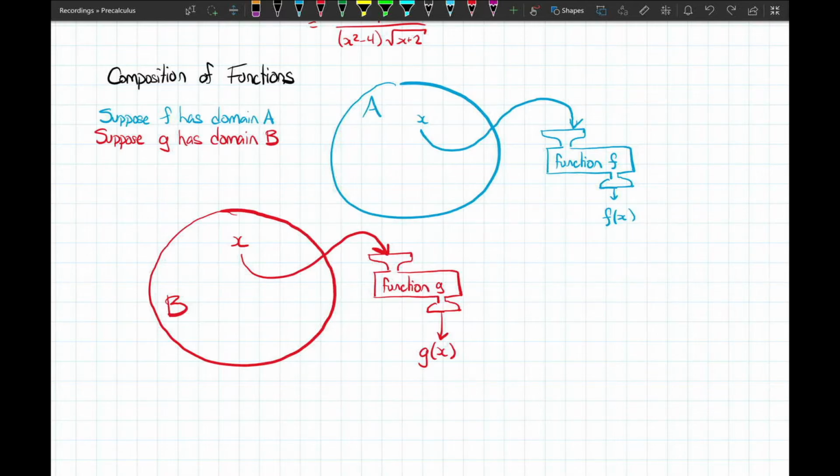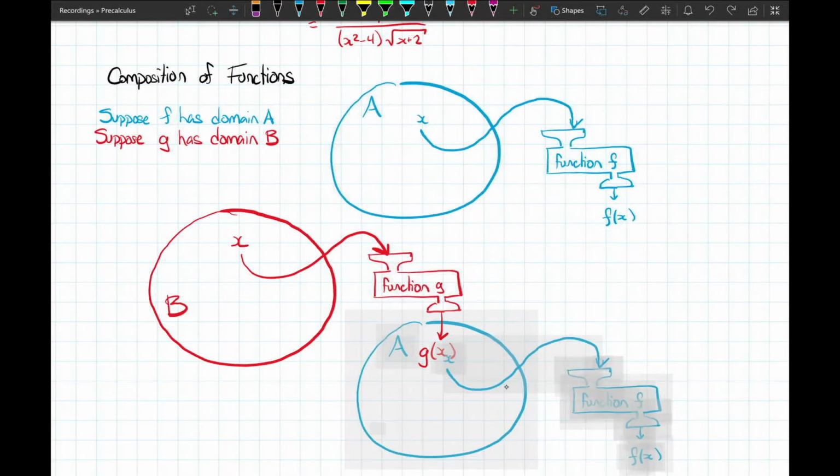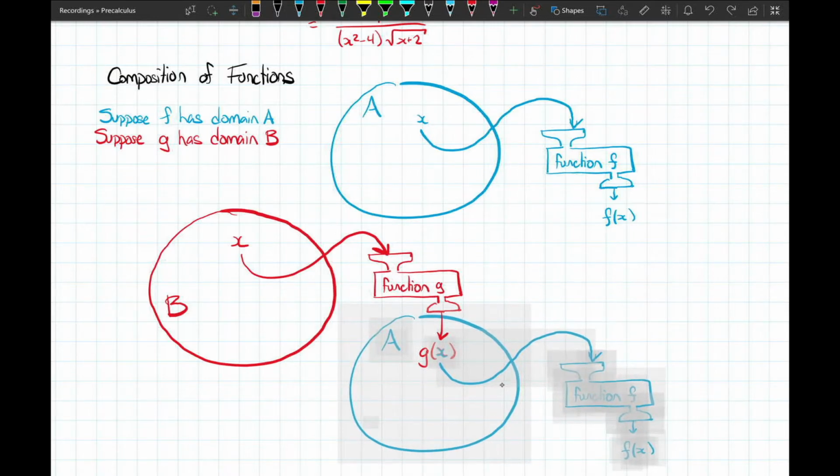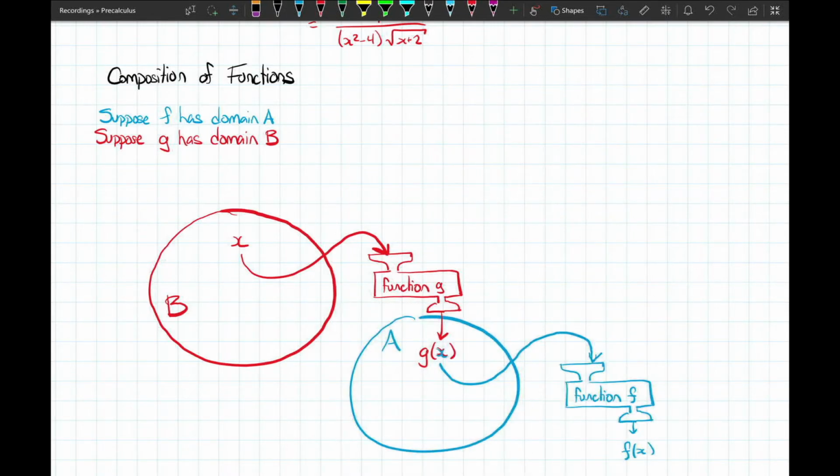Well, since f has a domain A, we'll have to make sure that whatever value we pick for x to plug into g, g of x must be a value in the domain of f. So let me rearrange this picture a little bit. We'll have to make sure that g of x is a value in the domain of f.